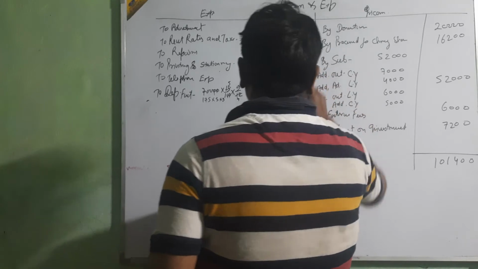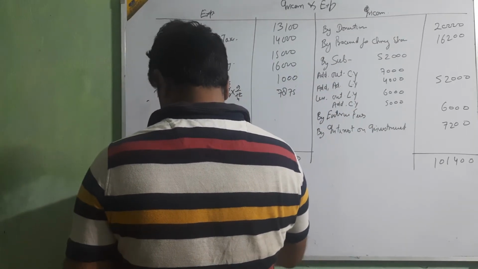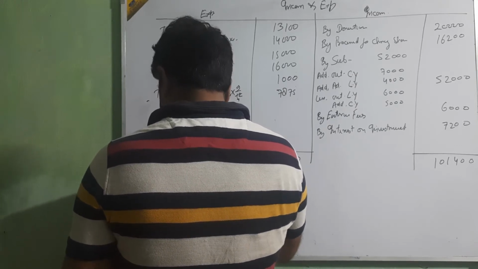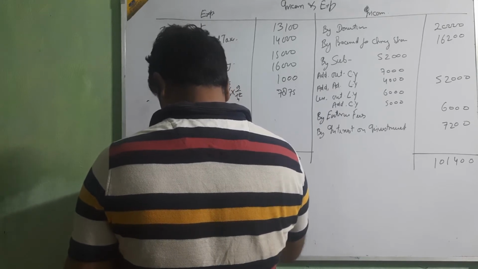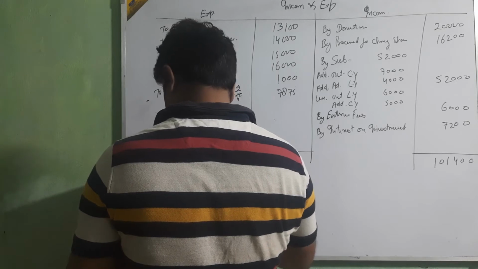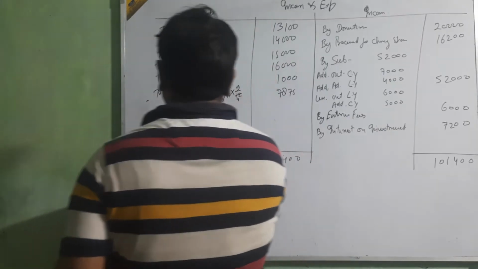Okay, beta. Just totaling on this side too. That's a deficiency coming. Surplus.